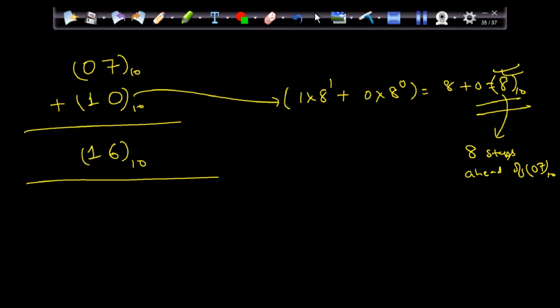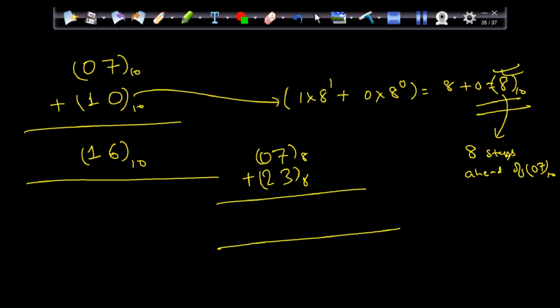If you do, let's say, 07 plus, let's say, 23, both octal numbers, then what is the result of the addition of these two numbers? How will you find the result of it? So 23 actually is in decimal, what is it?